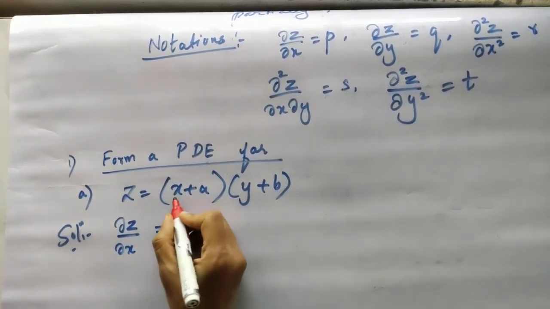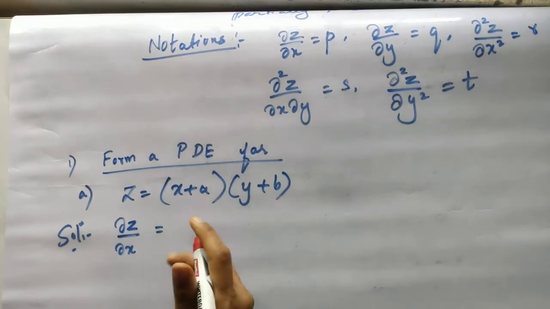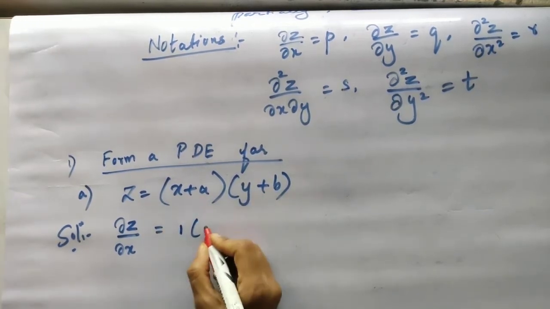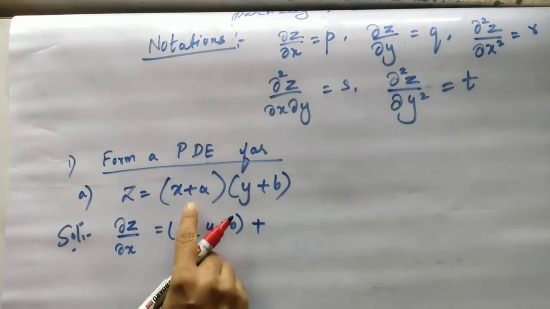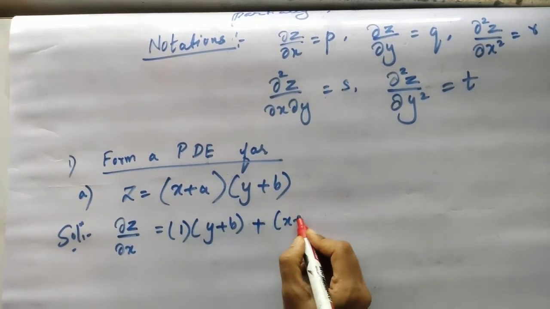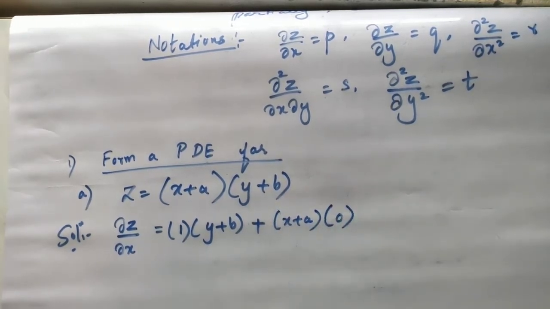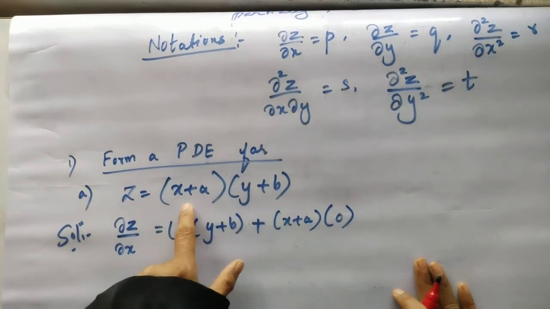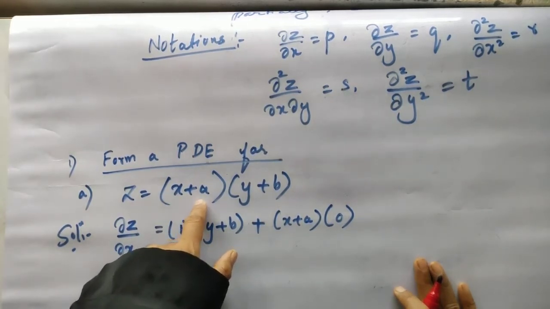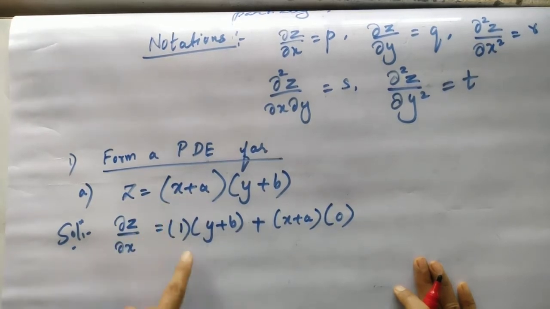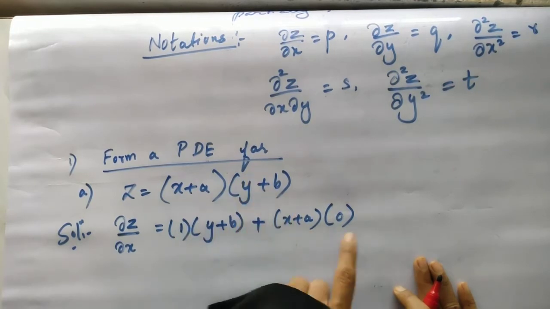We have to use the u into v rule. Derivative of the first bracket with respect to x will be 1, and the second bracket as it is, plus the first bracket as it is, into the derivative of the second bracket, which is 0.